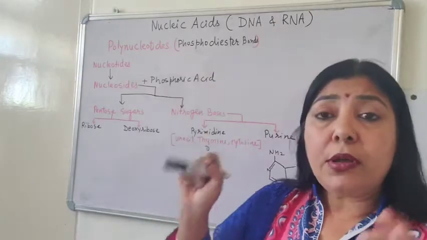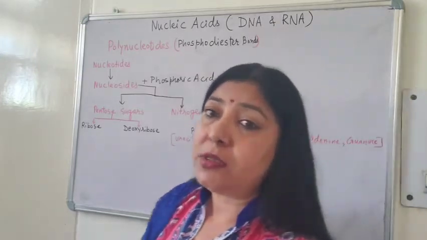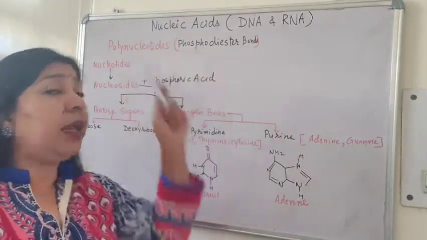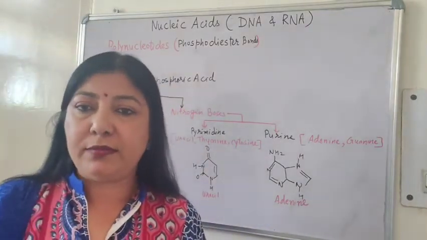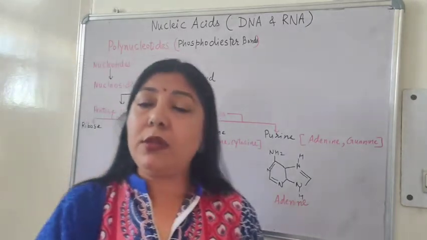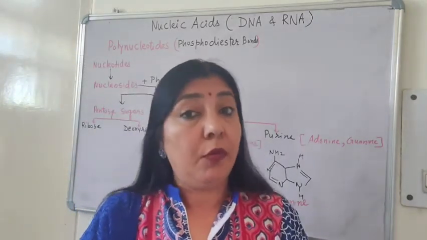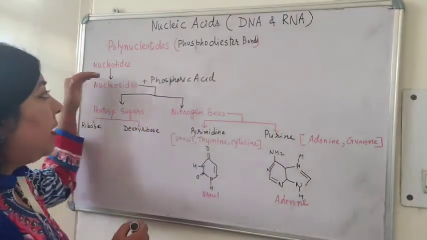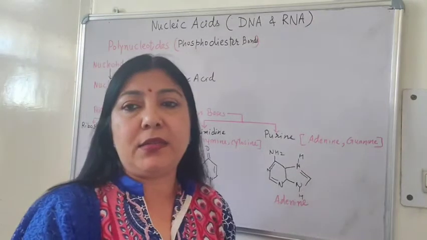But before coming to the phosphodiester bonds, we must know what is the meaning of nucleotide. What are nucleotides? Nucleotides are also big molecules which are made up of nucleosides and phosphoric acid.